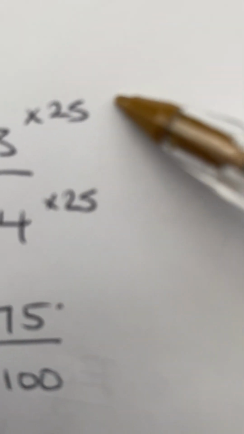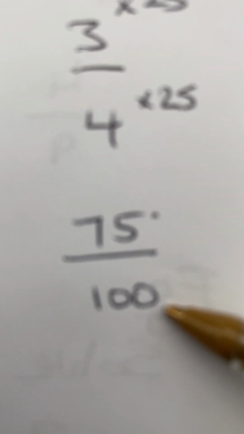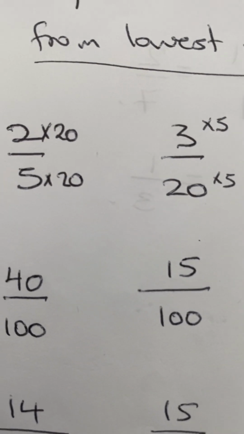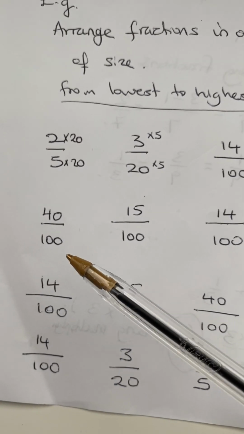The fourth fraction: 4 times 25 is 100, so 3 times 25 will give you 75.